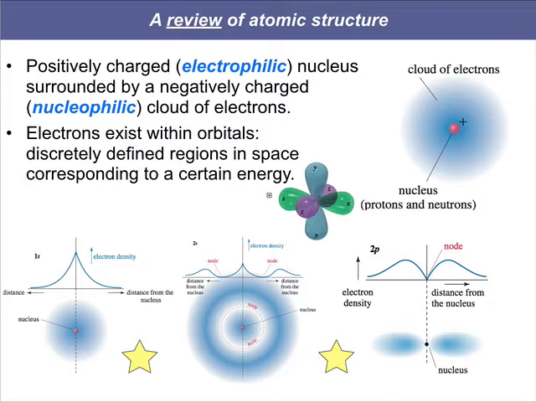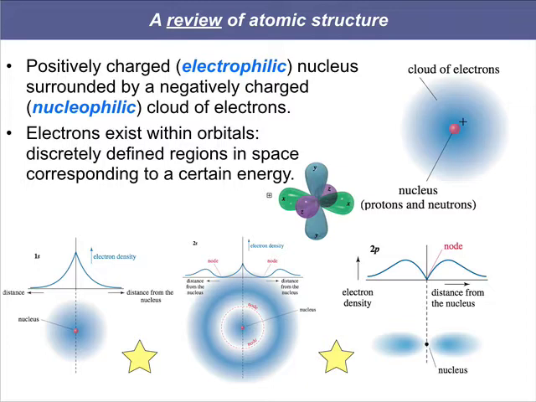Remember that because of the size of electrons, how tiny they are, and how quickly they are moving near the speed of light, rather than thinking about electrons as moving around the nucleus in any kind of defined path, we think of them as surrounding the nucleus in more of a cloud, a defined cloud, but nevertheless a cloud, where anywhere within that region in space you can find an electron.